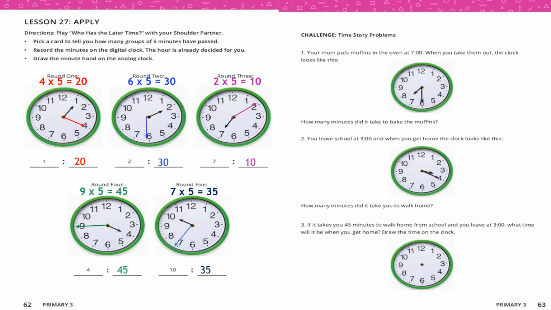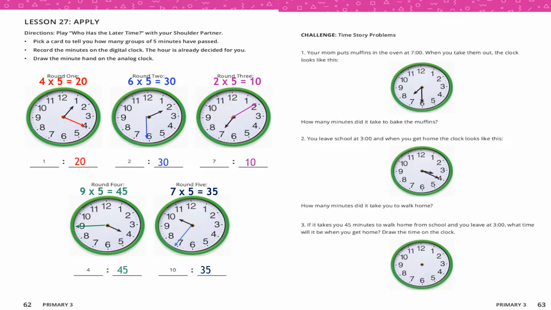Here, the first one. Your mom puts muffins in the oven at 7 o'clock. 7:00 means 7 o'clock. When you take them out, the clock looks like this. First, this clock is what?